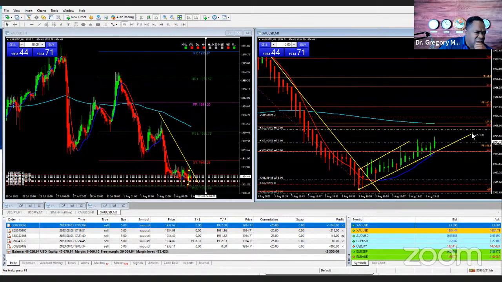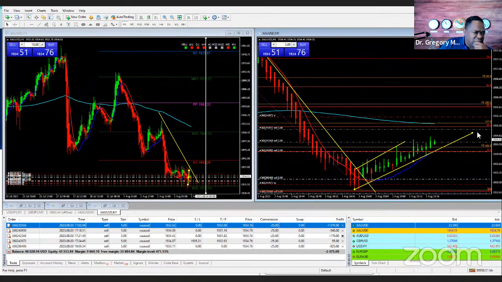If you are watching and you're delayed, no, this is not the time to get short yet. I'm already short, so I'm just holding on to it because I've got this counter trend rally.